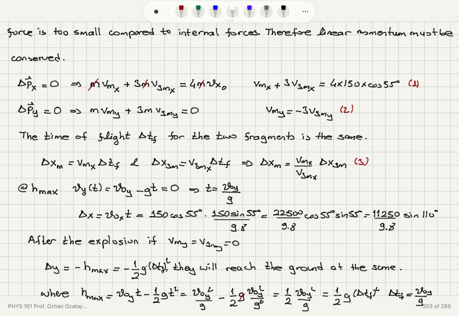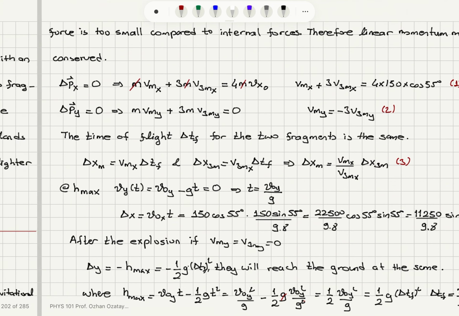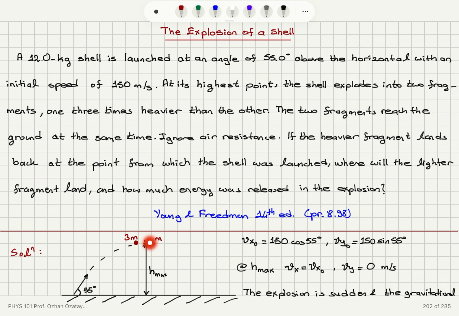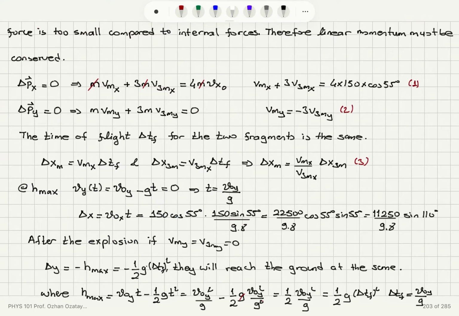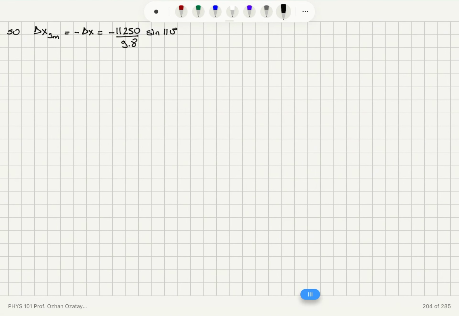So this is basically the same distance that the shell has traveled all the way up to the maximum point, because it's mentioned that the heavier fragment lands at the point from which the shell was launched. So delta x3m is the same distance as this shell traveled on the x-axis. So it is minus 11,250 over 9.8 sine 110, which is the velocity of 3mx component.